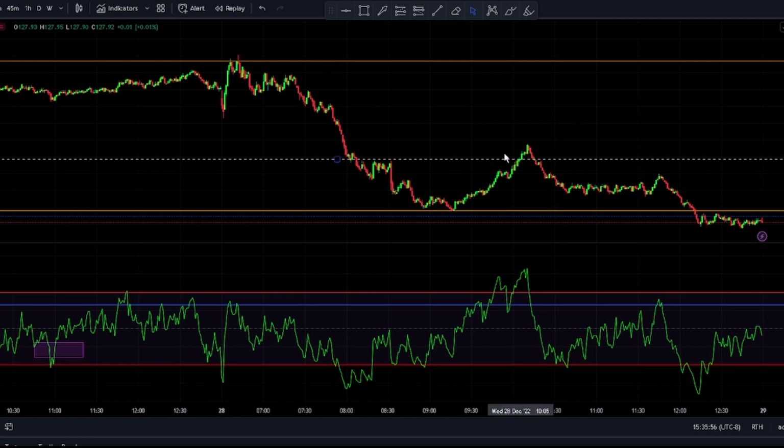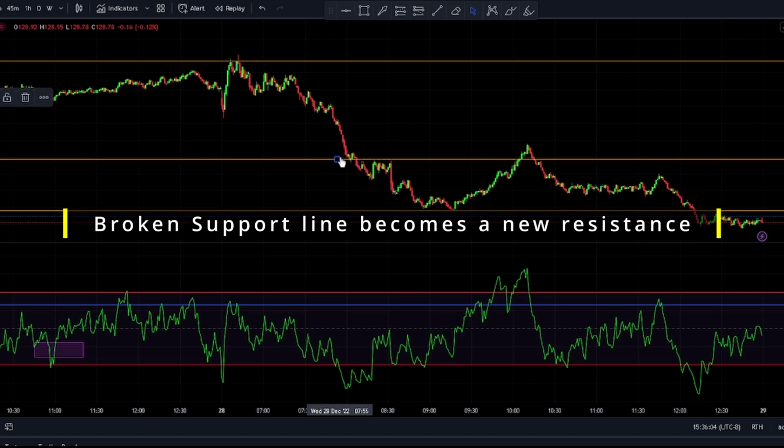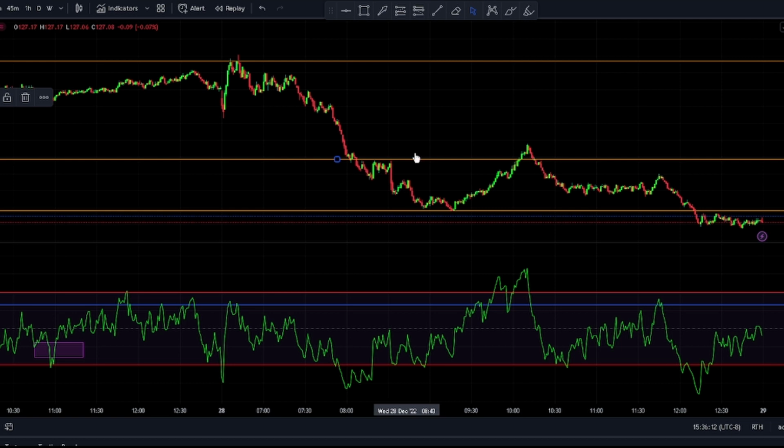For now I have this, and of course there are other areas of support and resistance. Remember, every resistance that breaks becomes a support, and every support that breaks becomes a resistance. So this is what we are looking at at this point in time.